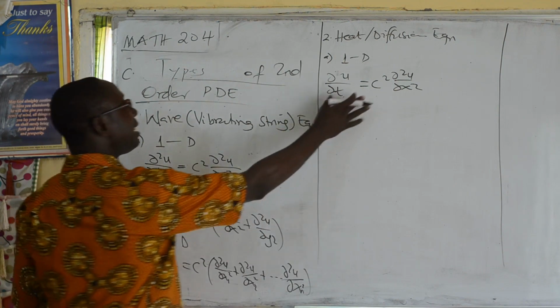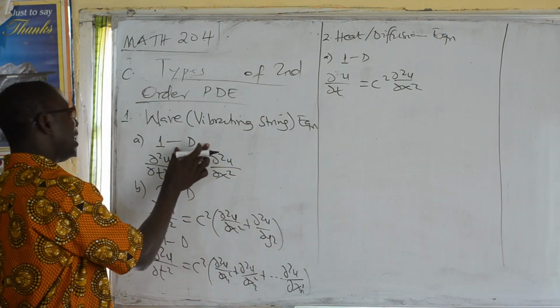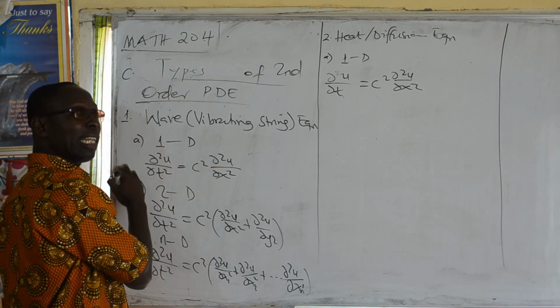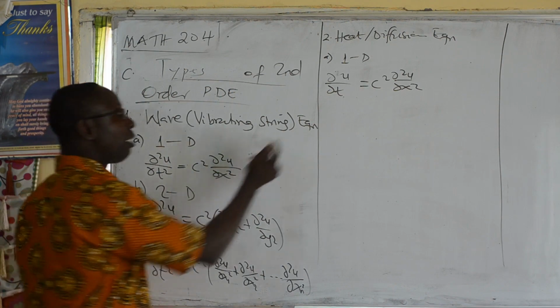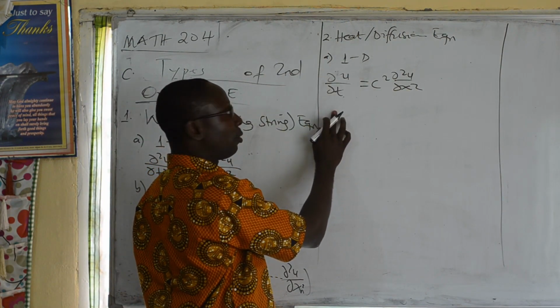Look at the one dimension for the heat diffusion equation and the one dimension for the wave. For the wave equation, both left and right hand side are second order, but for the heat equation, the u over dt is only of first order.